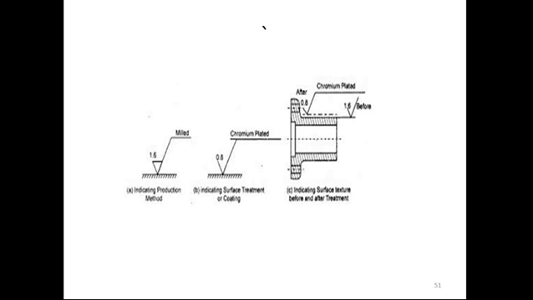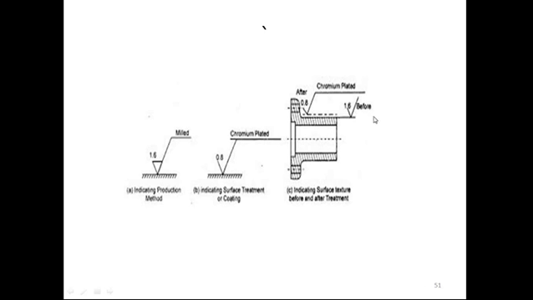Okay, so here we have shown what kind of surface roughness (Ra) value will be there when you are going to do an operation. Suppose we want to do a chromium plating operation on these surfaces.